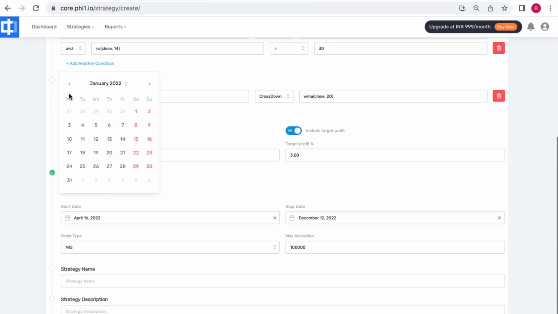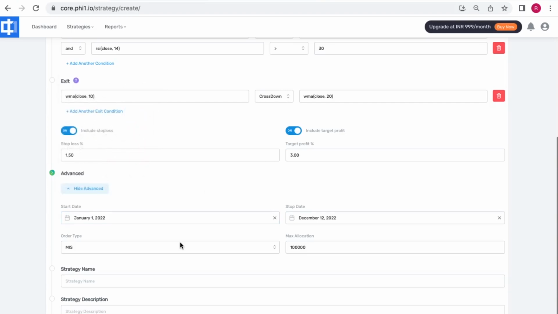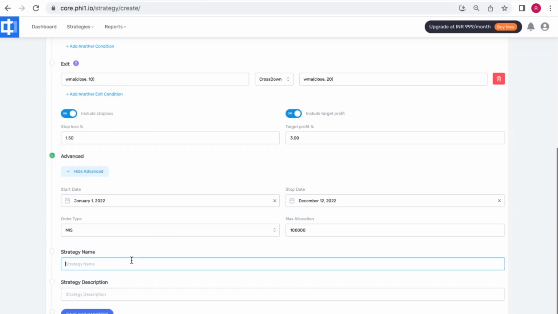Now I'm selecting the start of the year till date as my backtesting period. However, it's recommended that you use different historical data sets, different backtest periods to check how your strategy will do, in order to test without any biases. Name your strategy and click Save and Backtest.